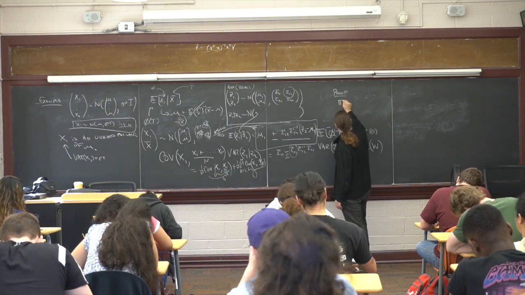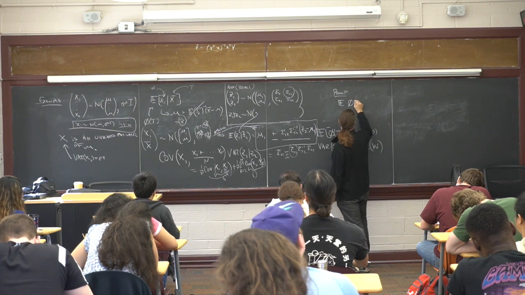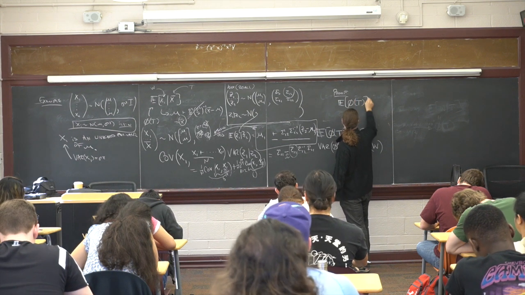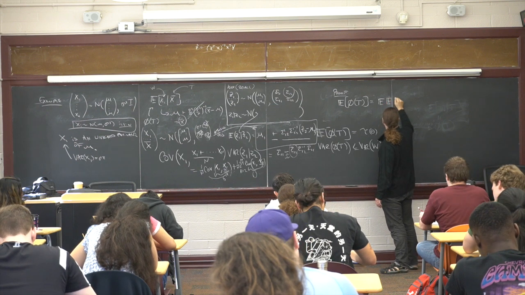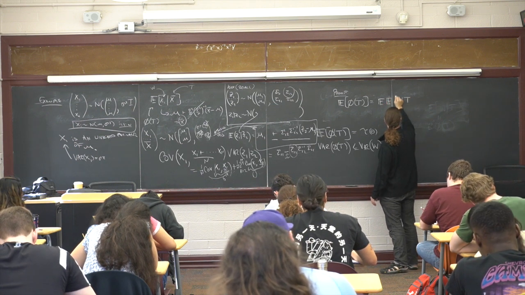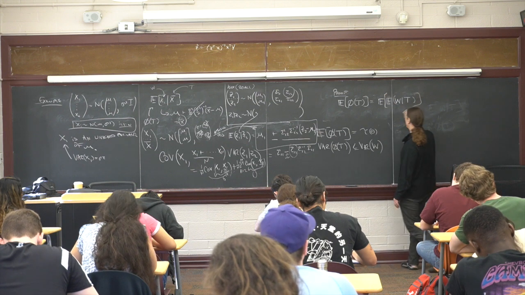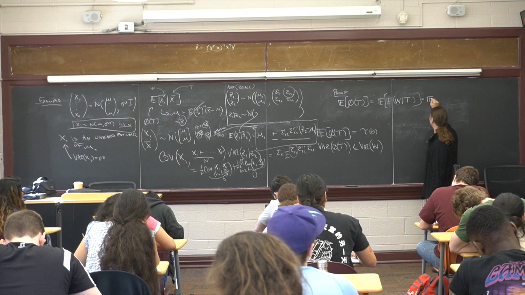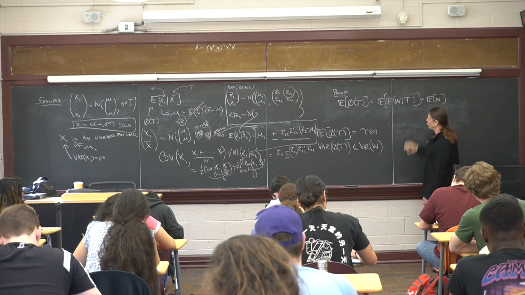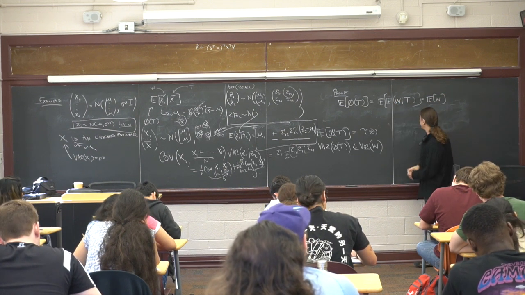So the expectation of VT, our Rao Blackwellized estimator, I'll just write that out. This is the expectation of W given T, so that's the definition of VT. I'm taking the expectation over that thing, and we know what that is. That's the expectation of W, because this is just the iterated form. It didn't matter what I conditioned on here.